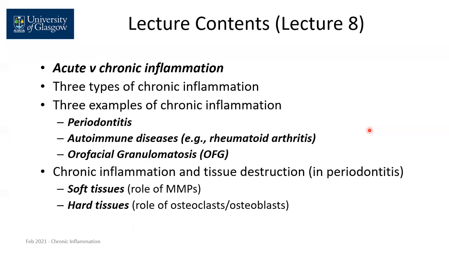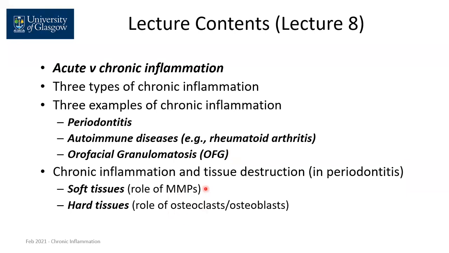I'll provide examples of the 3 different types of chronic inflammation that you can actually get, and I will provide examples for each of these 3 types of chronic inflammation. And these examples are periodontitis, autoimmune diseases such as rheumatoid arthritis, and also this third disease, which is known as orofacial granulomatosis, or in short, this is known as OFG.